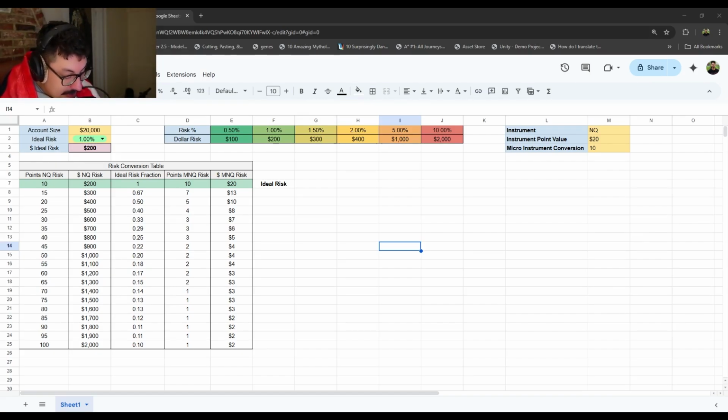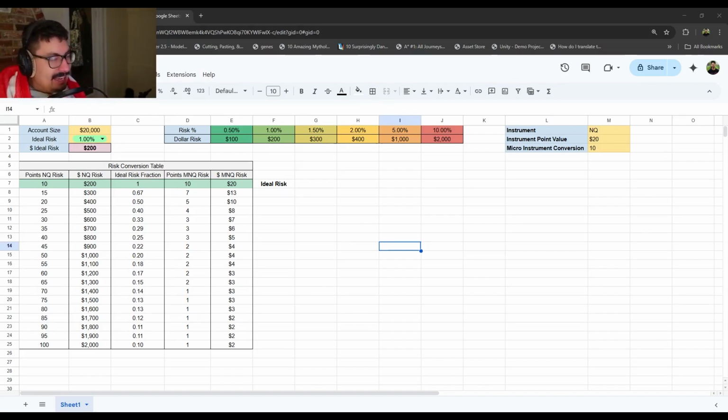Holy moly, guys. I have a dollar amount of risk on NQ. I'm just figuring out how much I need to multiply it by to get it down to the dollar amount that I'm okay with risking on MNQ. Because micros are a tool to mitigate your risk. Apart from being a tool to learn how to trade, because you don't want to start trading on NQ when it can move $200 against you in a second.